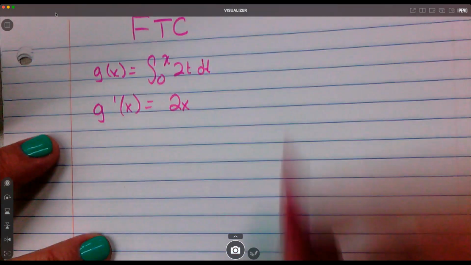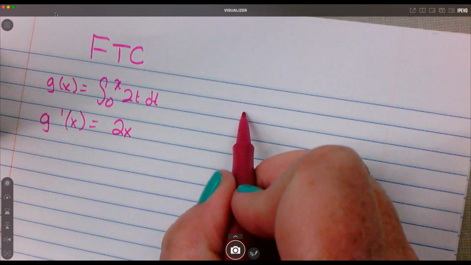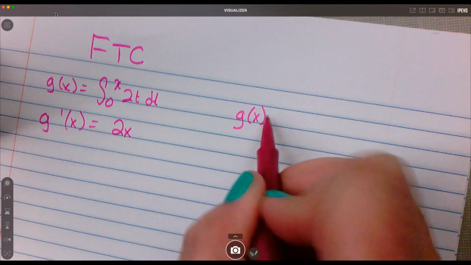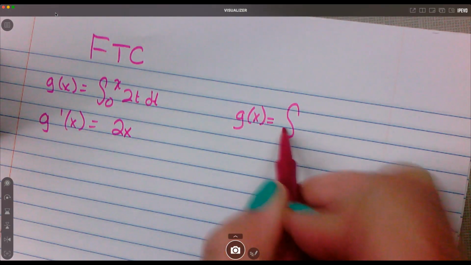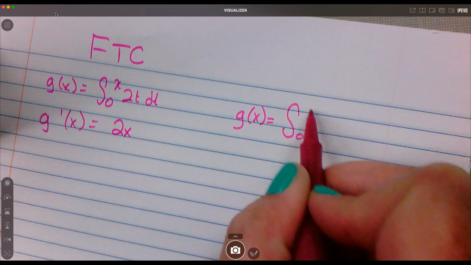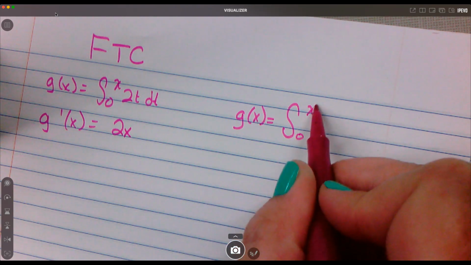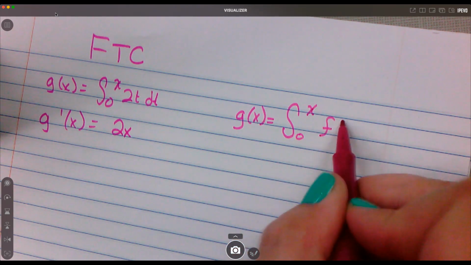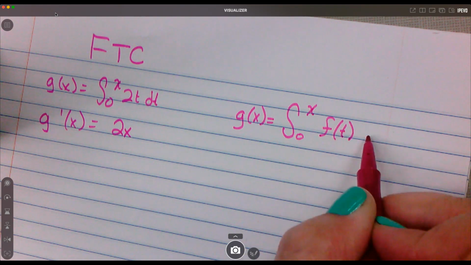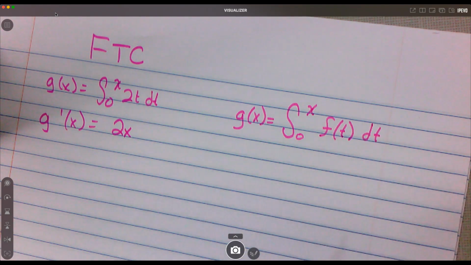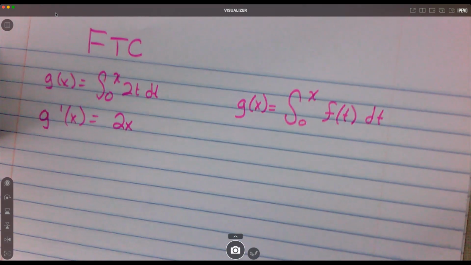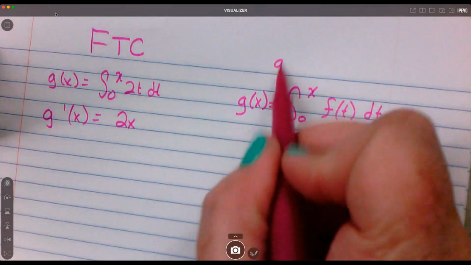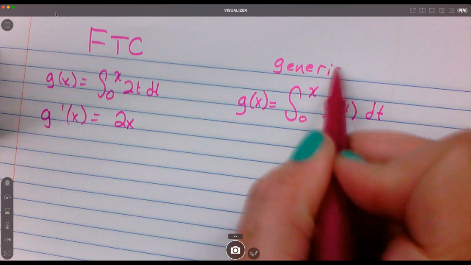Let's generalize it. Here's the way it shows up on the AP exam usually. It still uses g of x, and it gives you an integral from, let's just say, 0 to x, and then instead of giving you a real function, they just put in f of t, meaning any function. So over here, I'm writing the generic version.